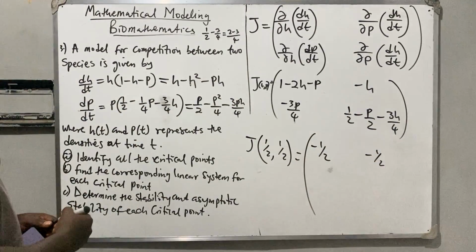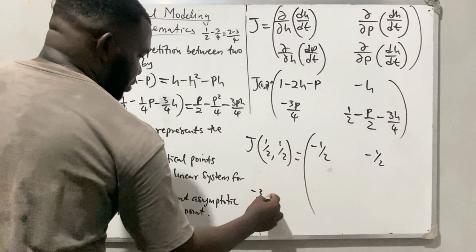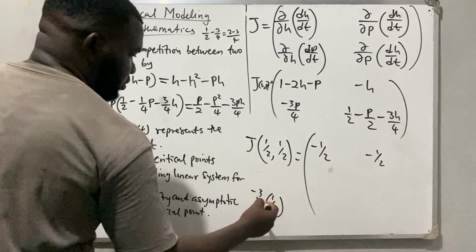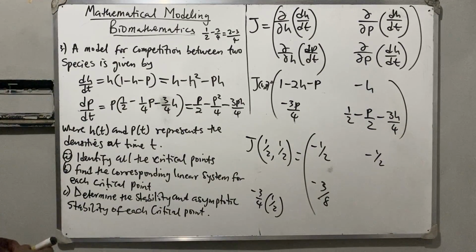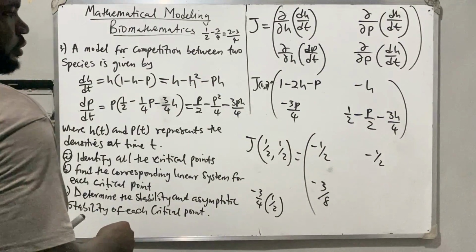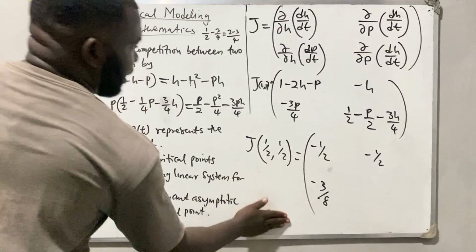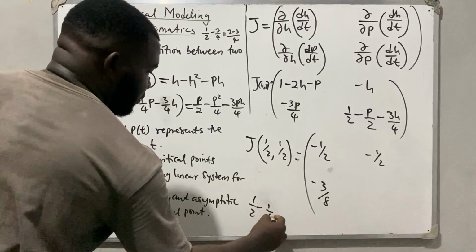If I put half here, that is minus 3 over 4 multiplied by half. I'm going to have minus 3 over 8. So if I put half and half here, I'm going to have 1 over 2 minus half will give us 1 over 4 there.